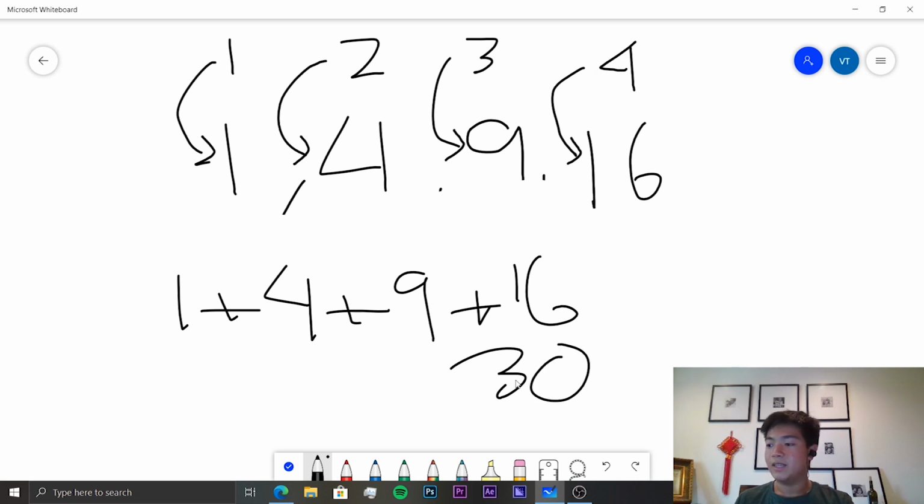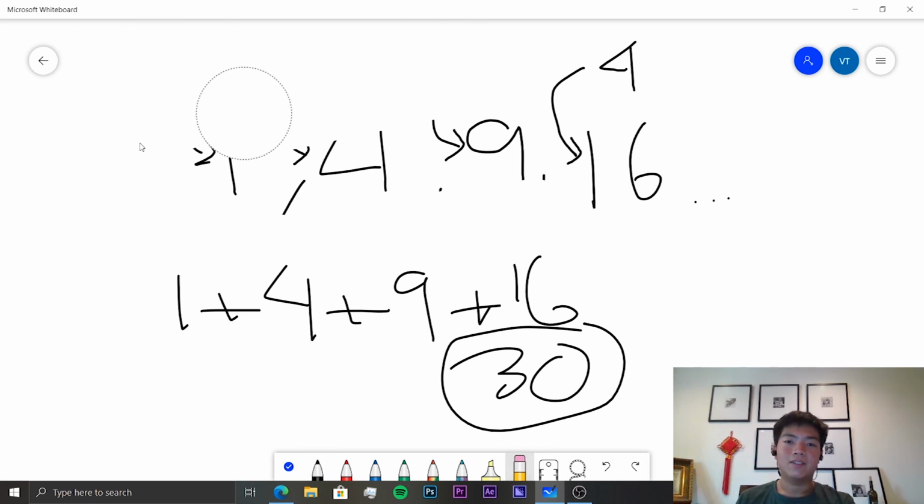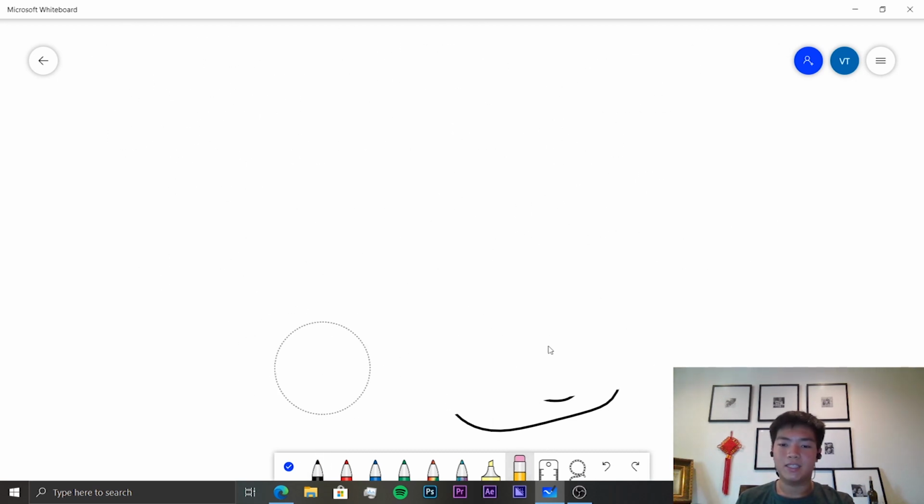And so this is a finite series, whose value is 30. If we put an ellipsis instead, this would be an infinite sequence and would also be an infinite series, as it does not converge.